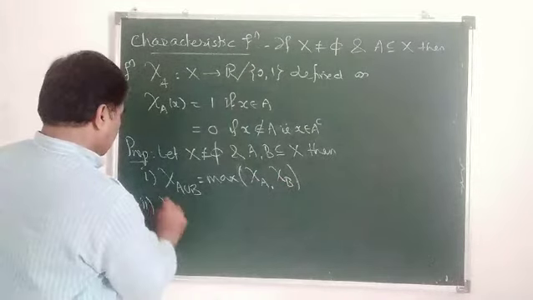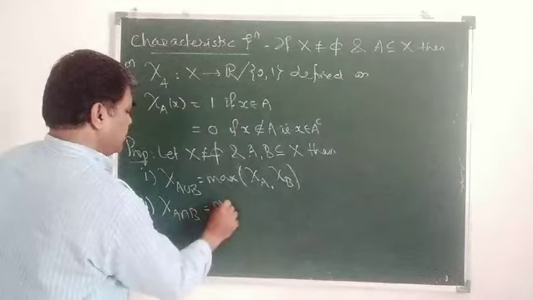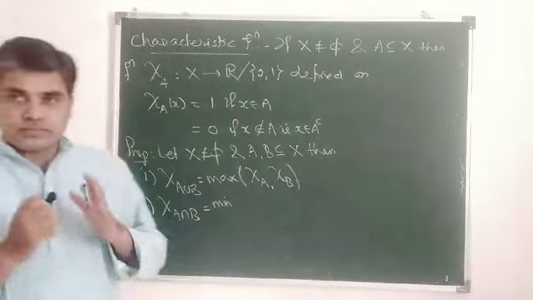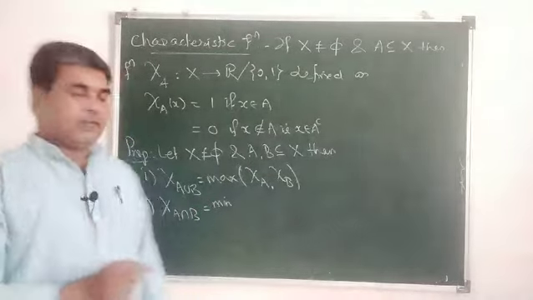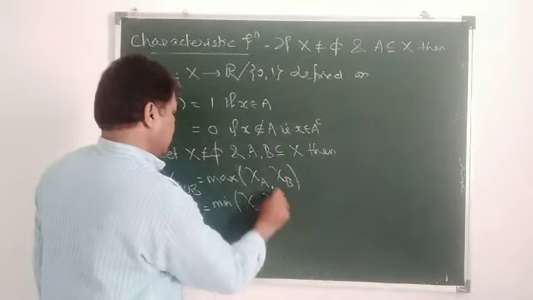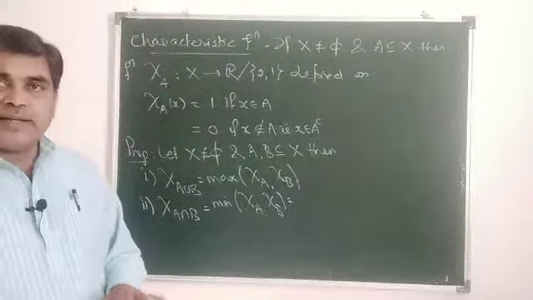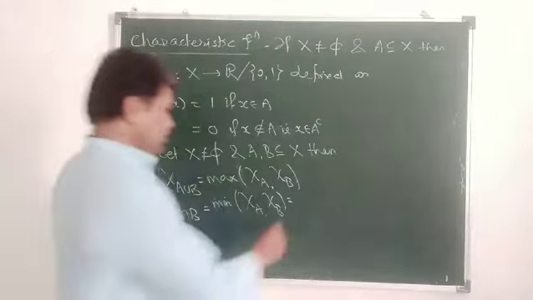Second, psi A intersection B is equal to the minimum of psi A, psi B, which is equal to psi A into psi B also.